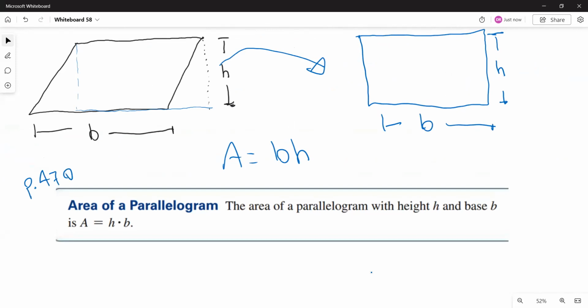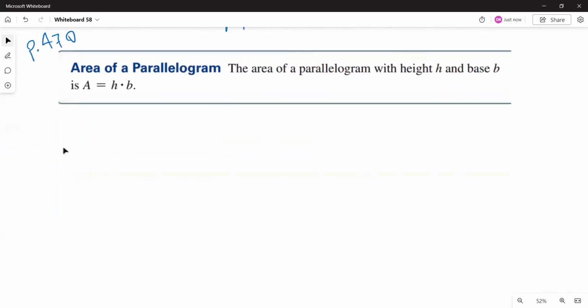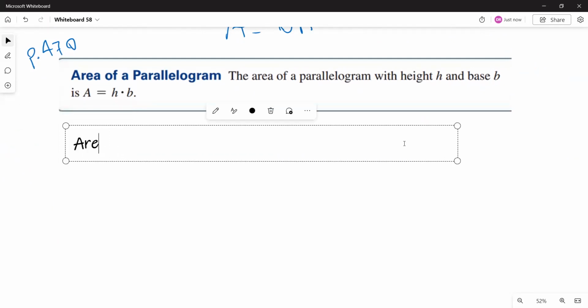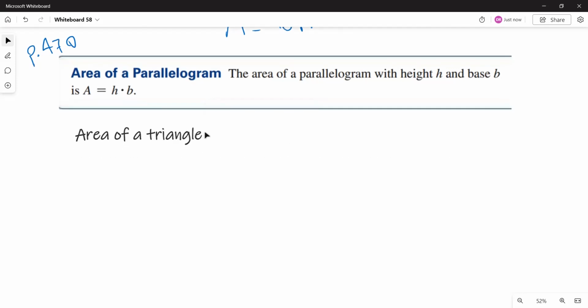And a consequence of the formula for the area of a parallelogram is another formula that I'm sure you have seen before, the area of a triangle. From the formula for the area of a parallelogram, we can derive the formula for the area of a triangle.